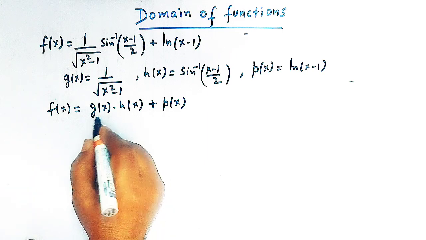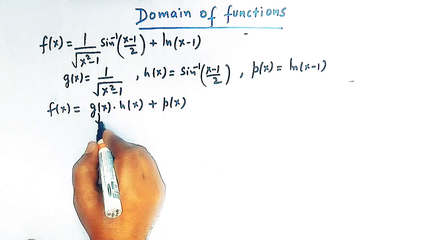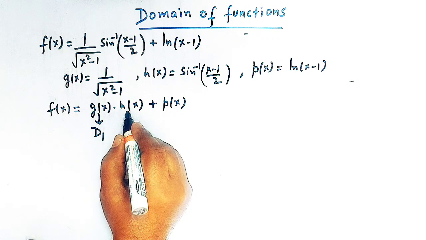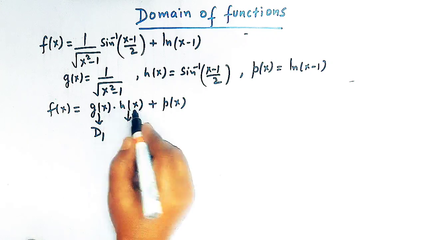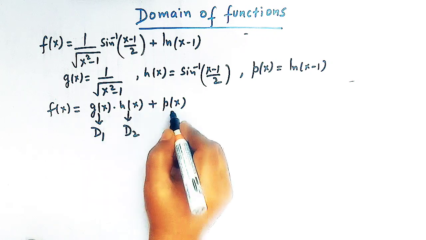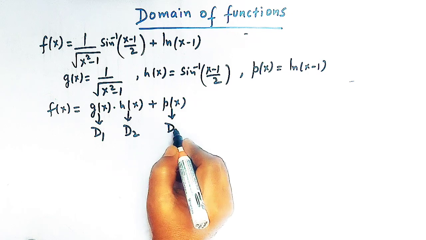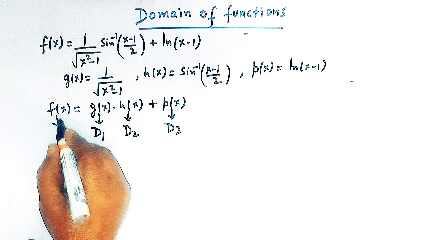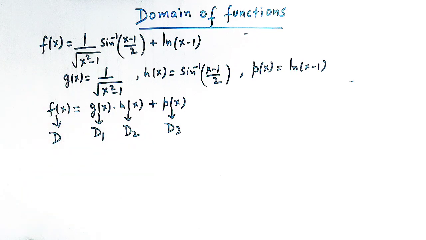Okay, now let us assume that the domain of this function g of x is d1, the domain of this function h of x is d2, and the domain of this function p of x is d3, right? And the domain of this function f of x as d.